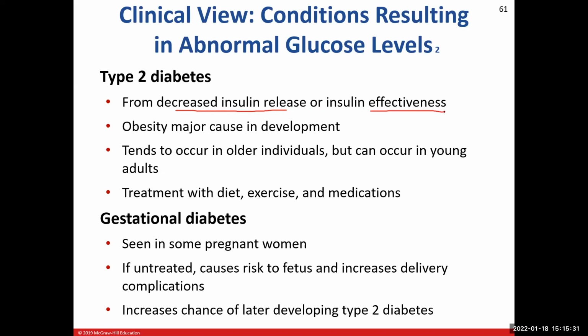So it decreases the effectiveness of insulin on those target cells. We'll see this in older people. Normally this type of diabetes can be treated through diet and exercise, but in some cases we do have to give medications like metformin or glucophage to help decrease the blood sugar levels.